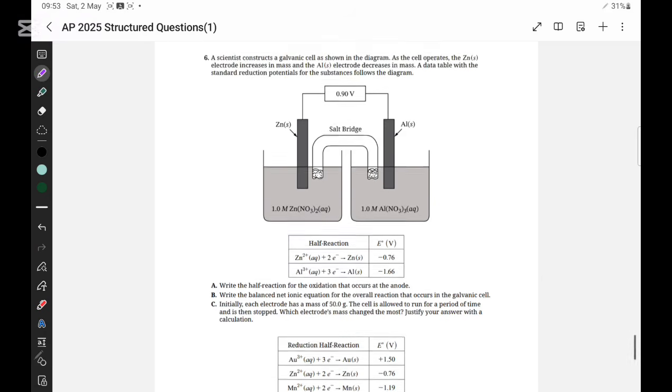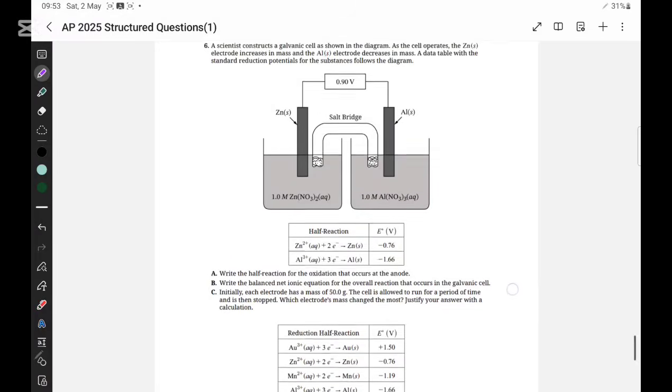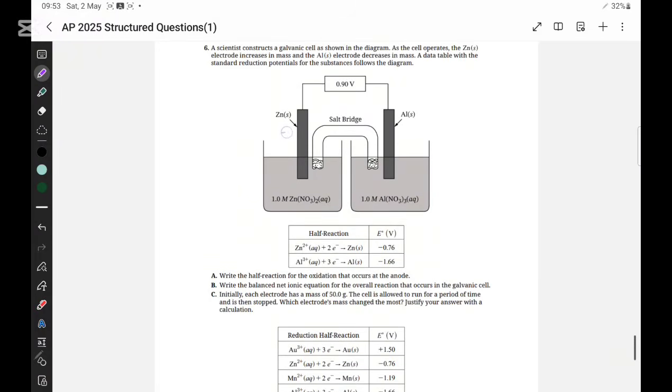For the next question, we have this galvanic cell in which we have a zinc electrode on one side and an aluminium electrode on the other side. They are asking to write the half reaction for the oxidation that occurs at the anode. The anode is the one which is more negative, and oxidation takes place there.